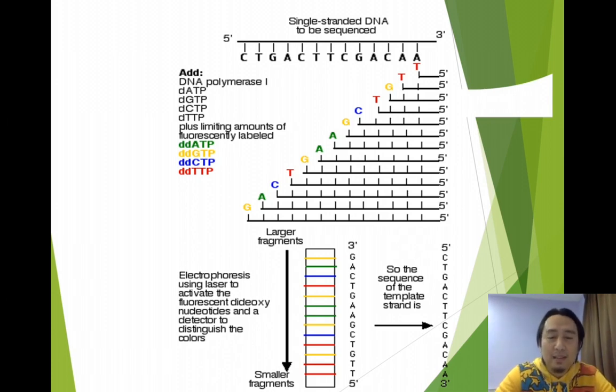So by this color, you can actually know the actual sequence of your DNA sample. Okay, so the color basically will be sequenced from 3' to 5'. So we have to convert it to 5' to 3', which is the leading strand.